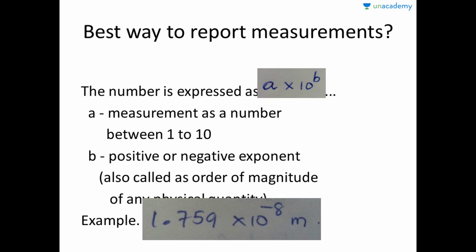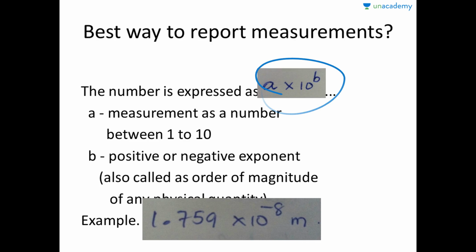Moving on, what is the best way to report measurements? To remove ambiguities in determining the number of significant figures, the best way is to report every measurement in scientific notation, that is in the power of 10. Now here we can see that a number is expressed as a into 10 raised to b.